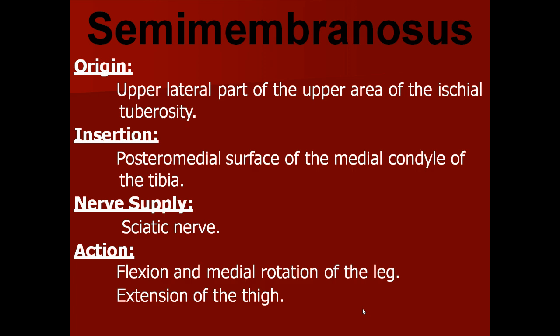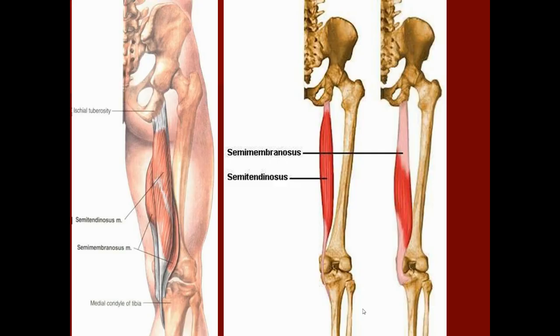Semimembranosus muscle: it takes the origin from the upper lateral part of the upper area of the ischial tuberosity, and it inserts into the posterior medial surface of the medial condyle of the tibia. The innervation is the sciatic nerve, and it also has the action of flexion and medial rotation of the leg, and it extends the thigh also.